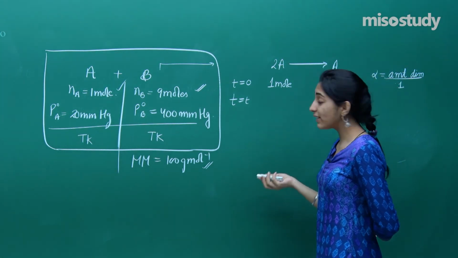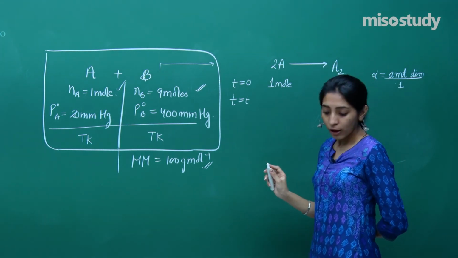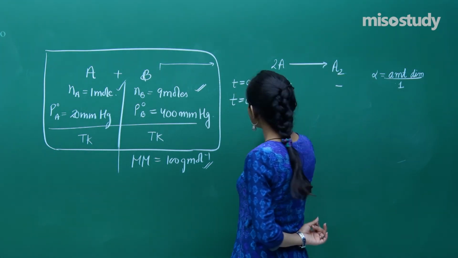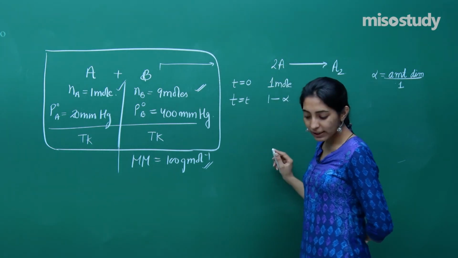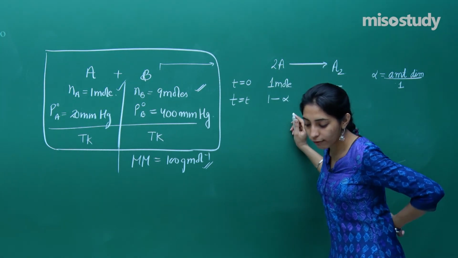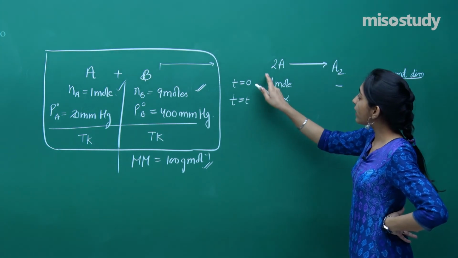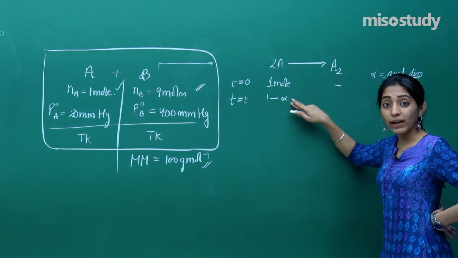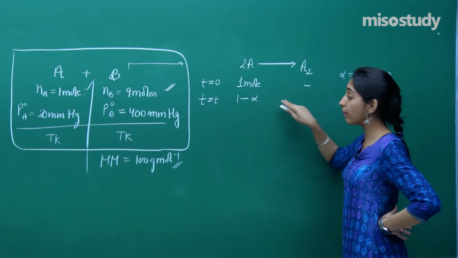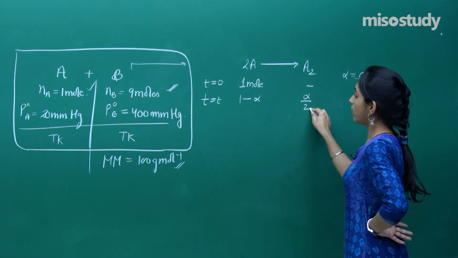So amount dimerized is, let us say, alpha. So if I now call it as 1 minus alpha, okay. Now see, what should I be calling in the further extent? So if I say 2 will be combined, it will be forming 1. If 1 combines, it forms 1 by 2. If alpha combines, it forms alpha by 2.